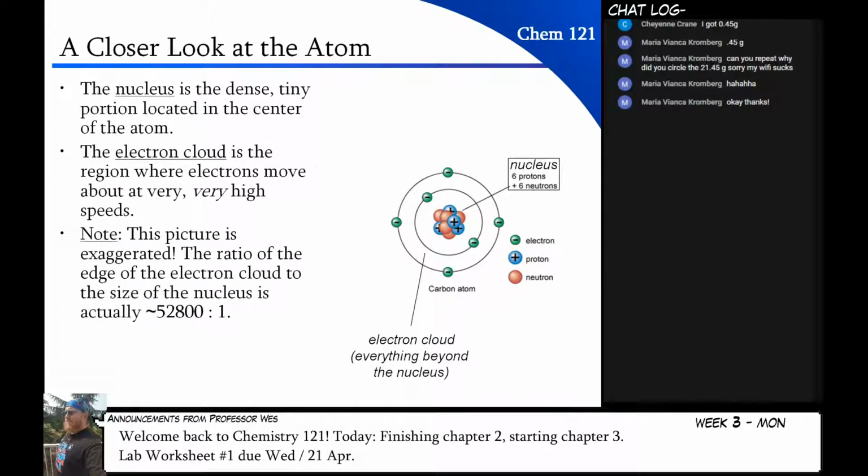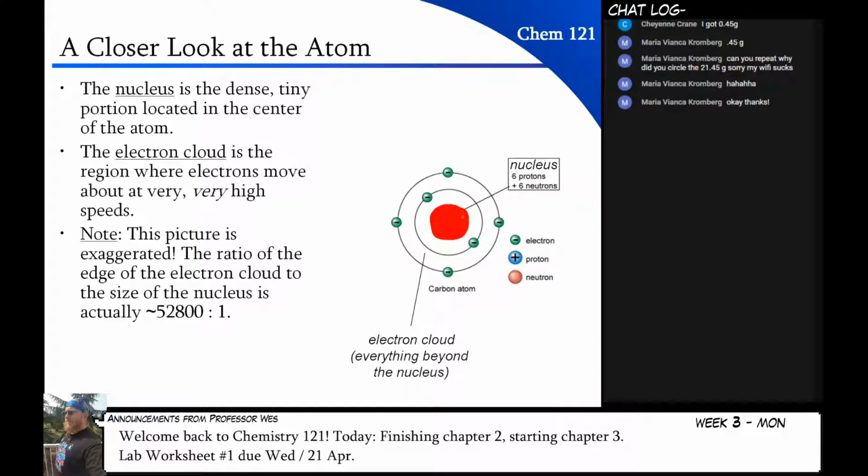They go very quickly. This picture is totally bogus in terms of the size of the atom. So if I was to make this the nucleus, right here, what I'm circling, and I have our tape measure here, so let's see how many. It's about 1.5 inches in diameter.